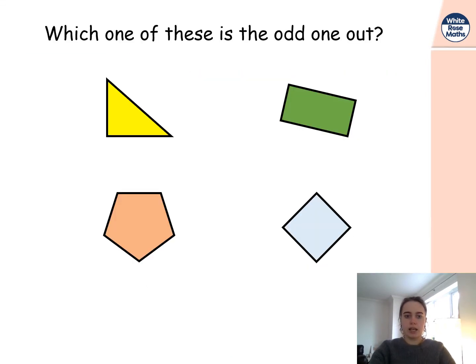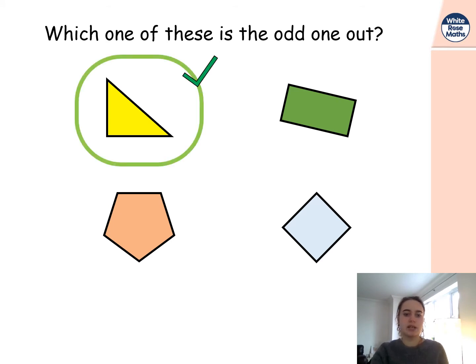So, which of these is the odd one out? Now that we know about right angles, you might want to bear that in mind. Now again, like before, they're all actually the odd one out in their own different ways. So, this yellow triangle here, why is this the odd one out?